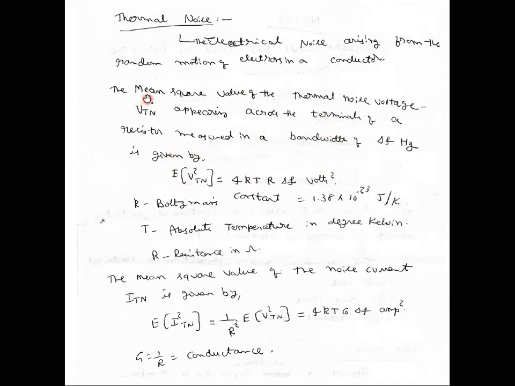Why are we saying it is mean square value? First of all, once we start talking of noise, we have to understand that it is random in nature.